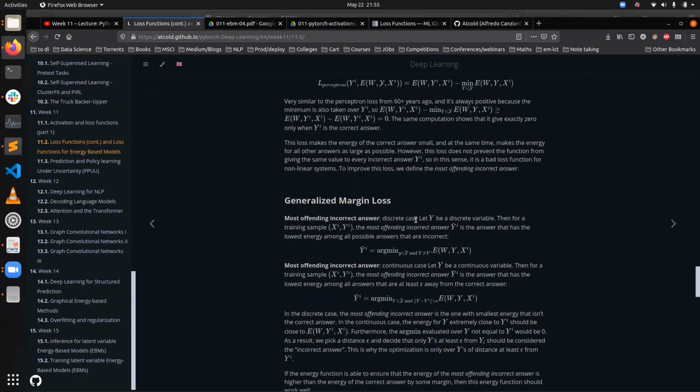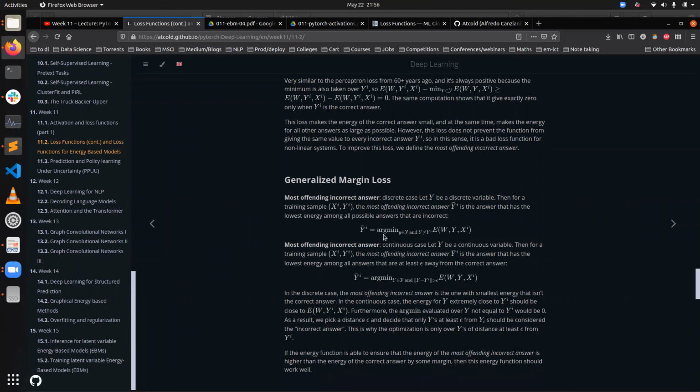If y is a discrete variable and your training sample is xi, yi, the most offending incorrect answer is that y with the lowest energy amongst all possible answers that are incorrect. It is the argmin of the energy with y as the parameter.